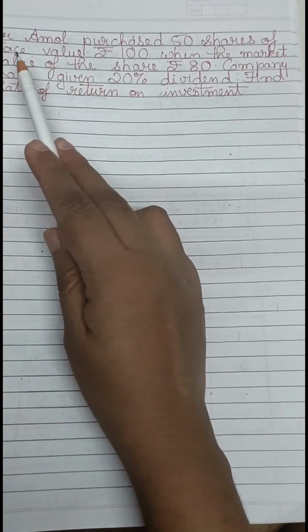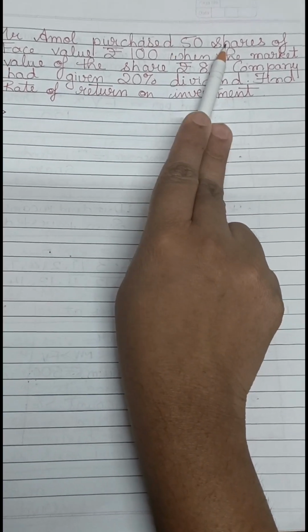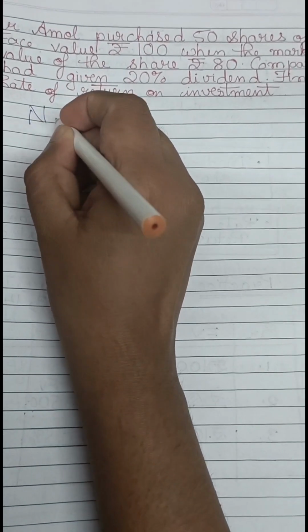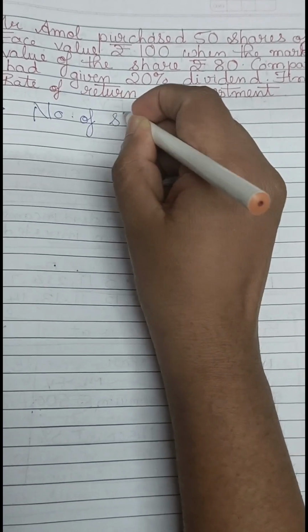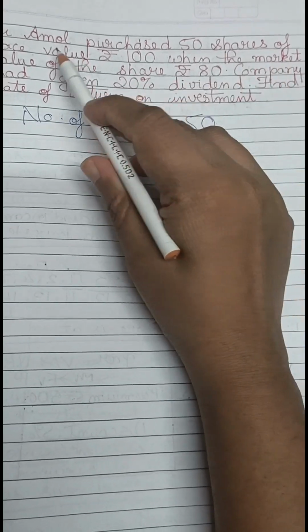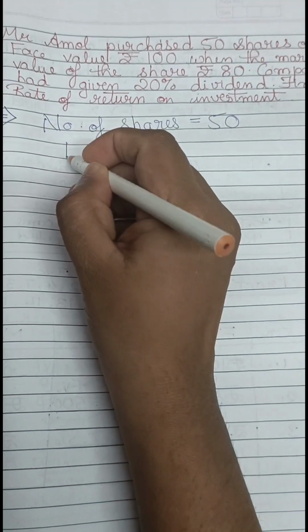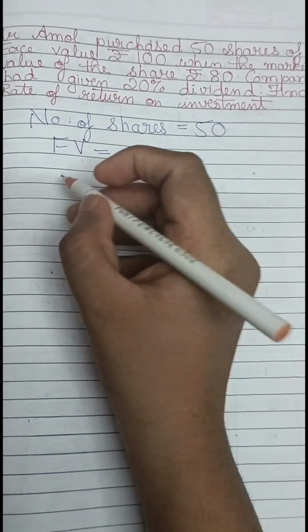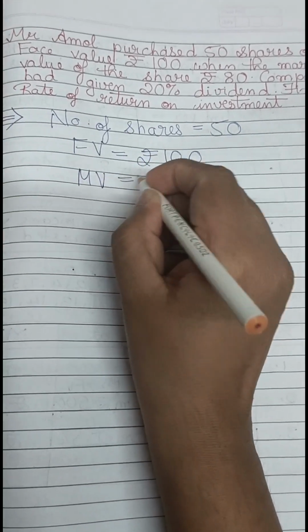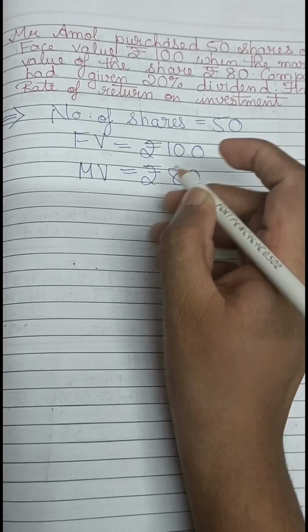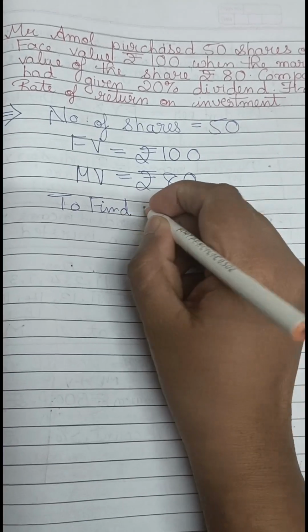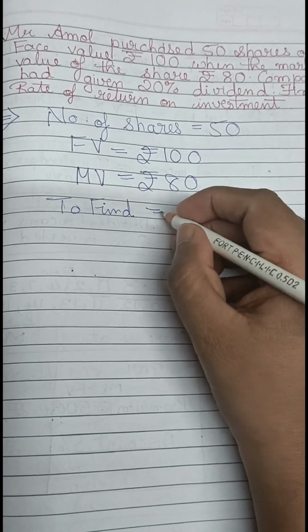Understood? The next one we see is Mr. Amol purchased 50 shares of face value. So we will write number of shares, 50. Then the next thing they've told you, face value is 100. And they have told you the market value to be rupees 80. So this is given to you. Then you have to write what they have asked.